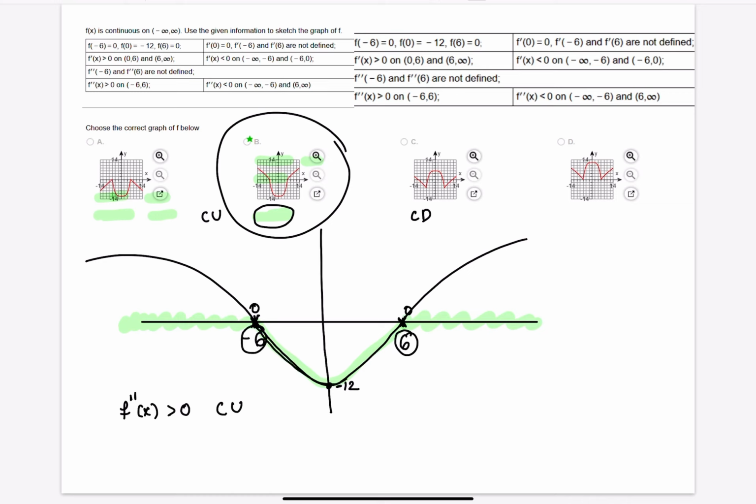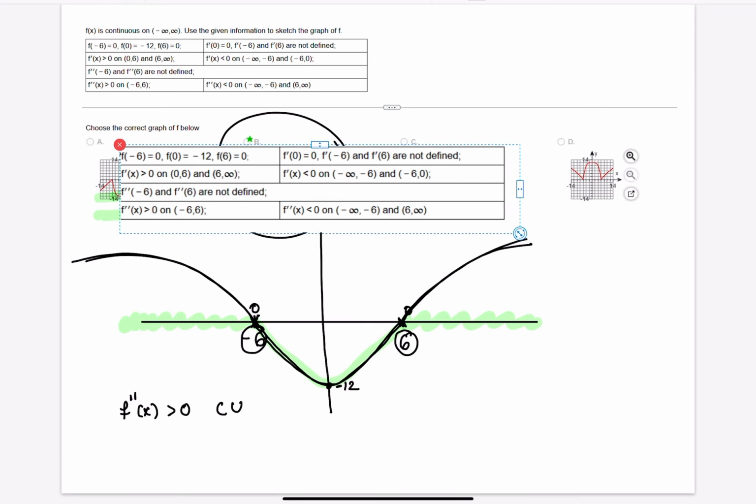And this part is going to be concave upward. If the second derivative is less than 0, that means it's going to be concave downward. This is going to be concave downward. And I'm also looking to see where my function satisfies the first derivative. F prime is less than 0 from negative infinity to negative 6 and from negative 6 to 0. What does that mean?